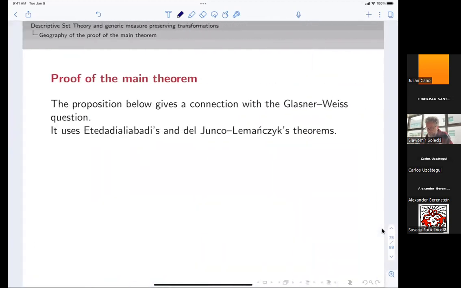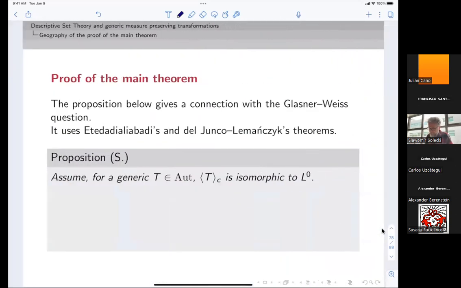So how do we do the proof of the main theorem? I have a proposition below that gives a connection with the Glasner-Weiss question, and it uses both Etedadi-Aliabadi's theorem and Delhunco-Lemańczyk's theorem. This has to do with point number 1 of the outline of the proof from the beginning.